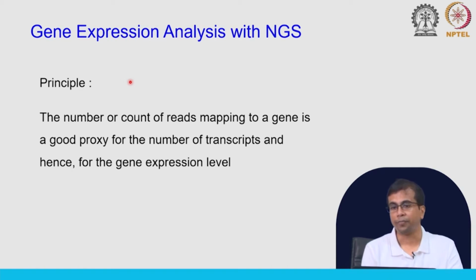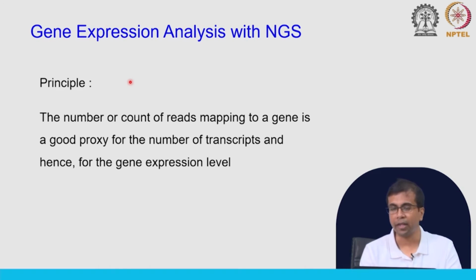In microarray it is the hybridization signal, the number of copies that hybridize and generate a signal, and this signal is a good indicator of expression. In next generation sequencing or RNA sequencing, the count of reads mapping to each gene is the signal for the expression level.